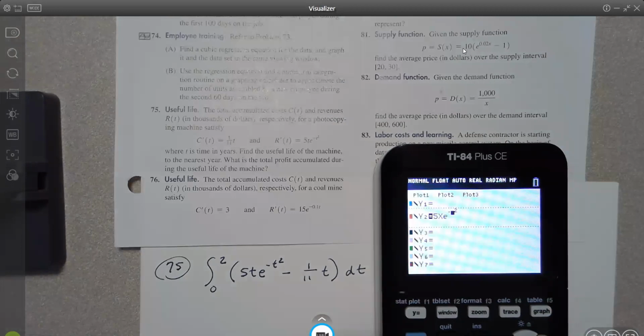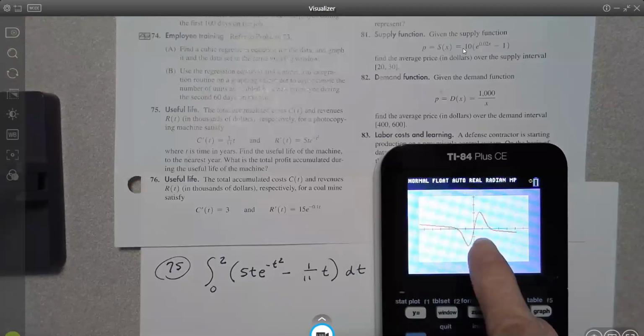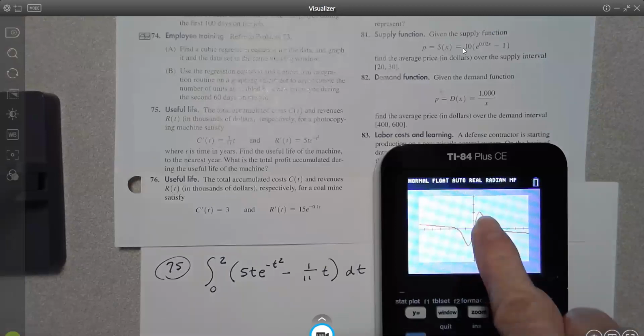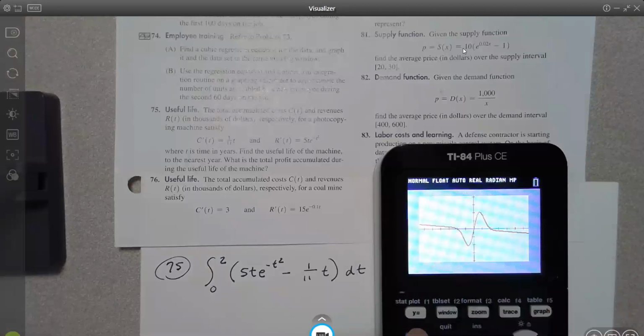So I'm going to put in subtract 1 divided by 11x. You ask it to graph. And remember, I'm only interested in this part from 0 to 2. So what I'm going to get to shade is that part right in there. So second calc number 7, 0 is my lower limit, 2 is my upper.